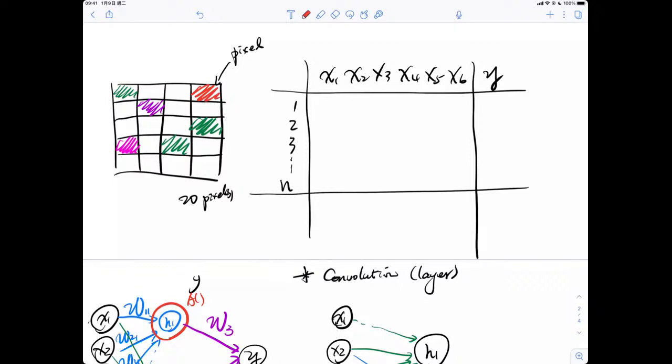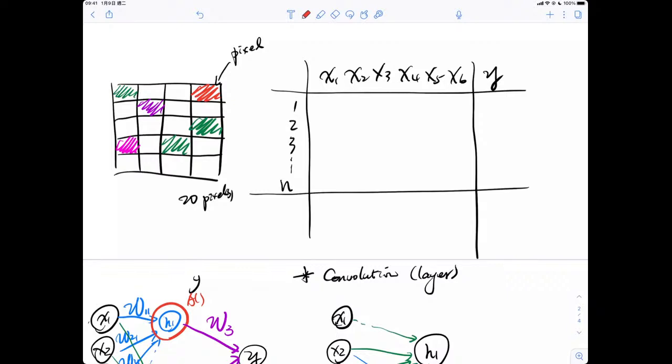And of course there are some white pixels or black pixels, something like that. Sometimes when we analyze input data, the input features are related to their neighbors.